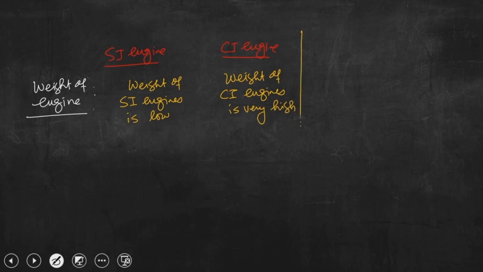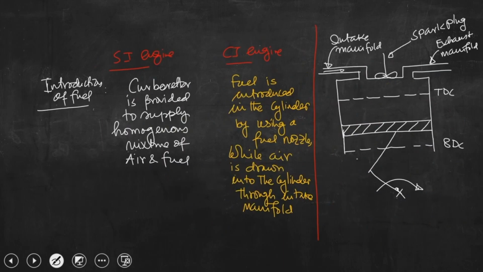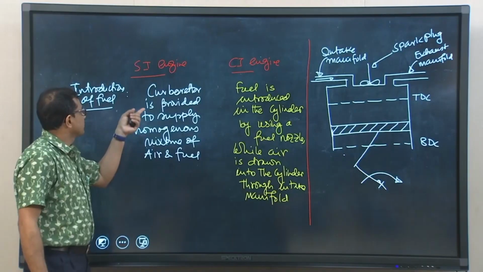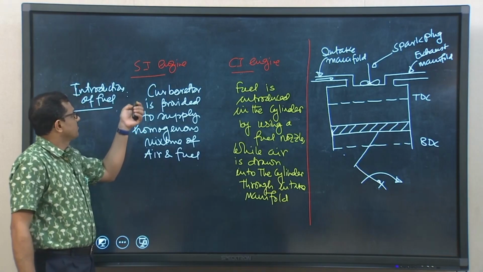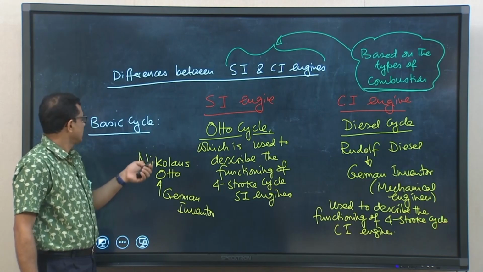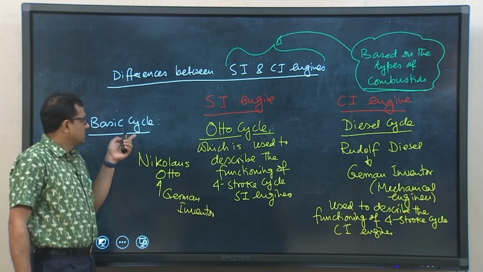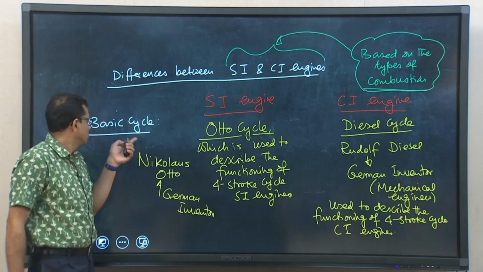Now, these 5 bases, if we go back to the slide, we had started discussing the fundamental differences between SI and CI engines, right. We had identified 5 common bases.